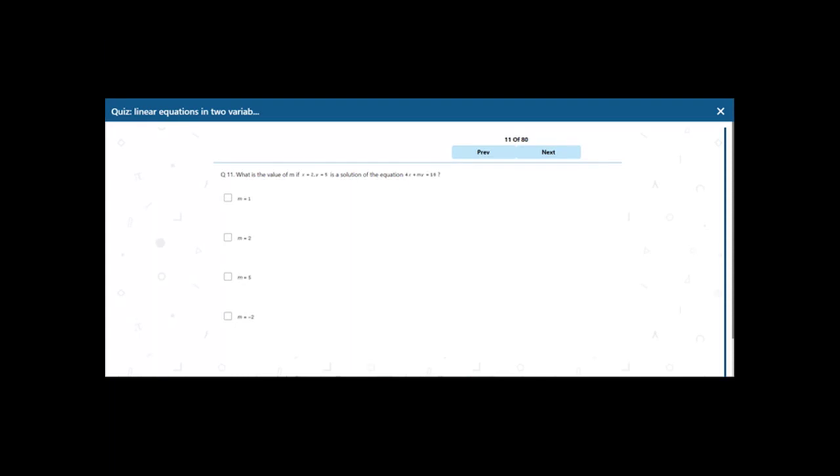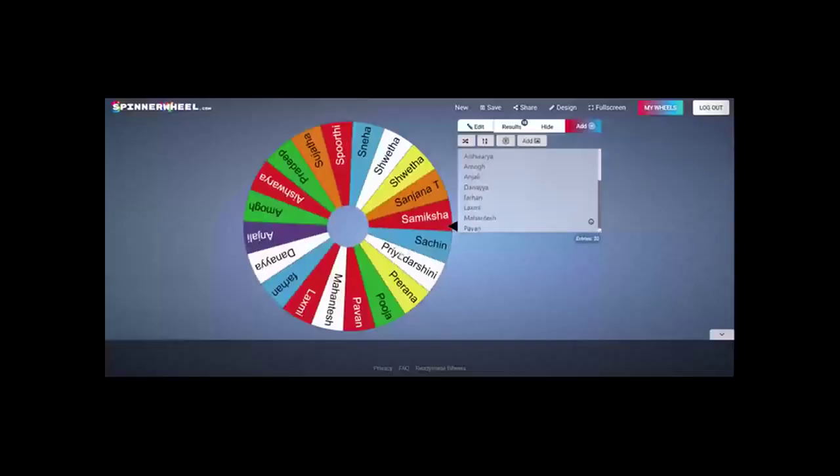You have to give the value of m. X is 2 and y is 5. Ma'am, m is equal to 2. Correct. That's correct. Good.